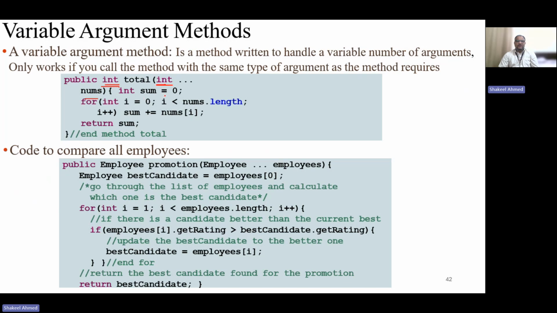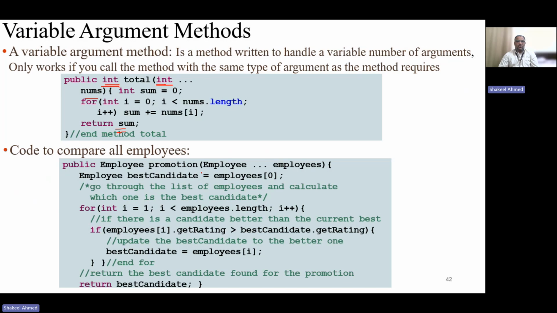We want to write a method: integer sum is equal to 0, for i is equal to 0 up to the length of the array, i plus plus, sum plus equal to num of i, and then return. So this one is directly returning the sum of the values. You take the total, get the numbers up to the total length, take every number by array element and return it over here.